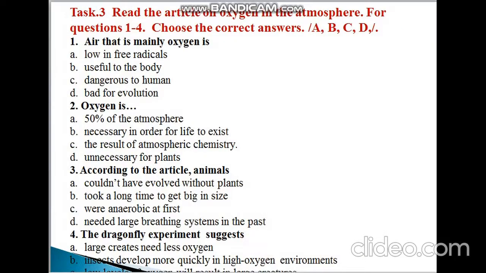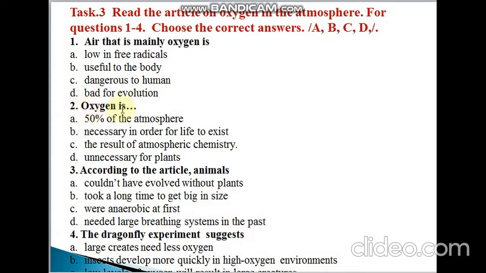Okay. Now, task 3. Read the article about oxygen in the atmosphere for questions 1 to 5. Choose the correct answer. Answer is A, B, C, D. First question is, the area that is mainly oxygen is, you will find the correct answer.